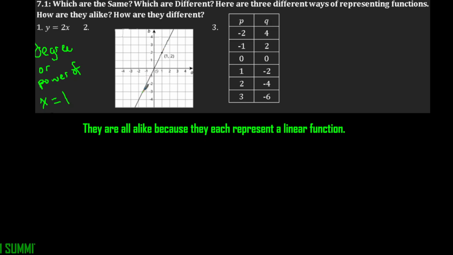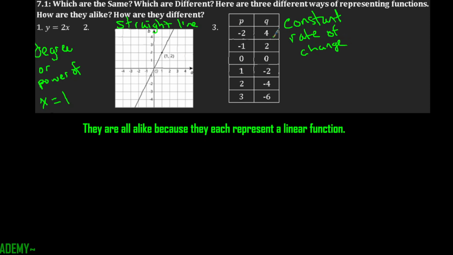Then I can say my graph is a linear function because it's a straight line. And then for my table, I know it's a linear function because it is a constant rate of change.